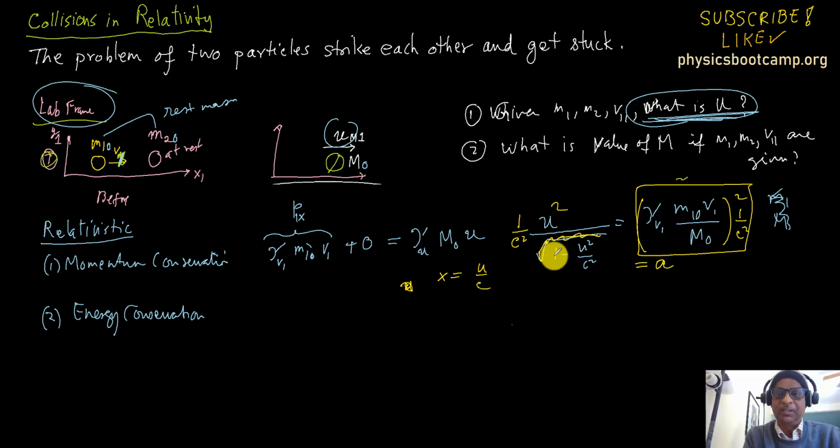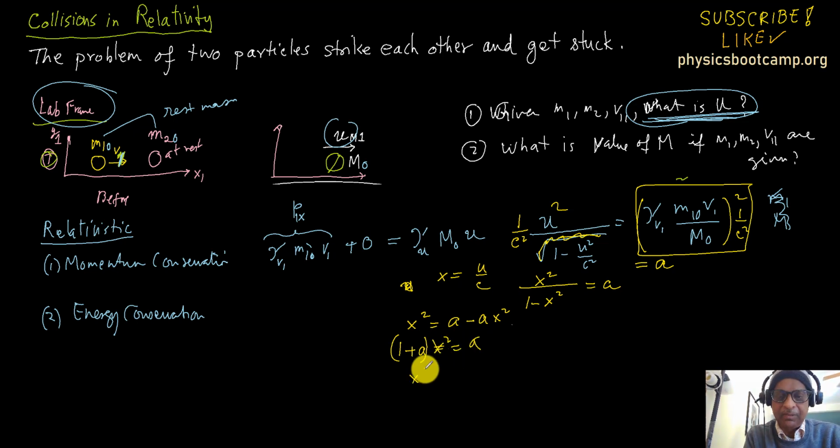So this thing becomes x squared over 1 minus x squared equals a, and so x squared equals a minus a x squared. So 1 plus a times x squared is a, and so x squared is a over 1 plus a.